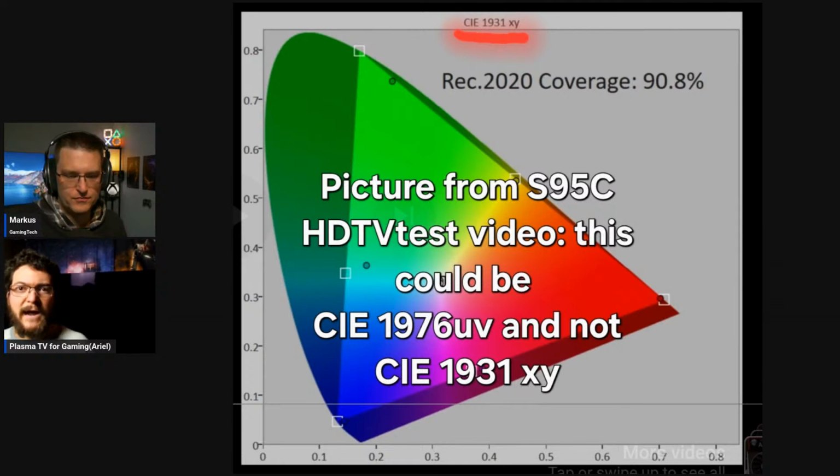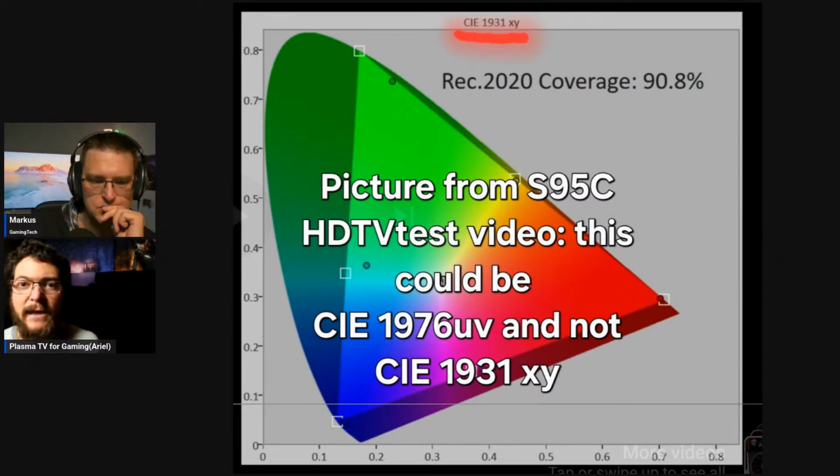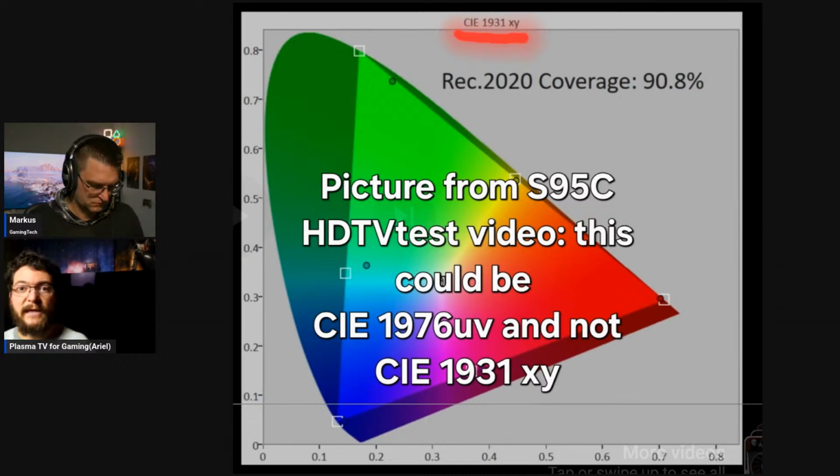So that's a picture I got from the HDTVTest video about the S95C, and of course I modified the picture and edited it to write that down. And right at the top, you can see CIE 1931 XY. And it says Rec 2020 coverage 90.8%.